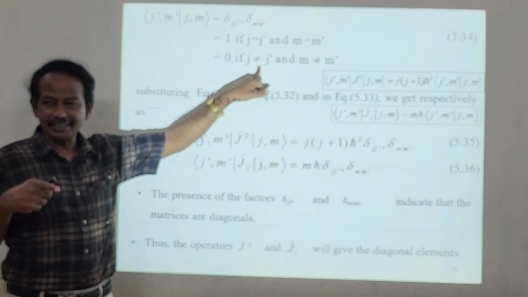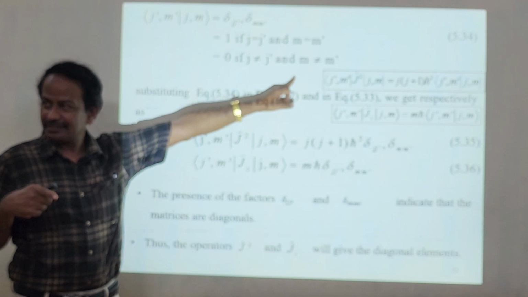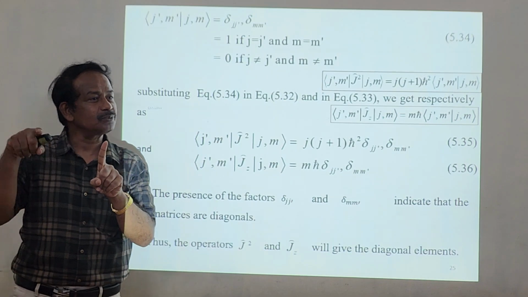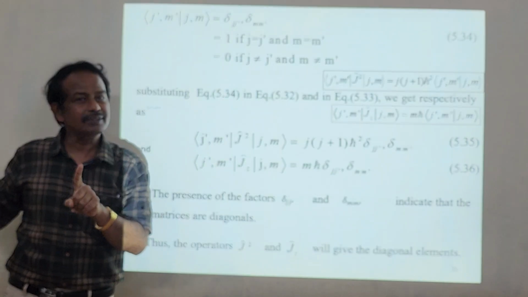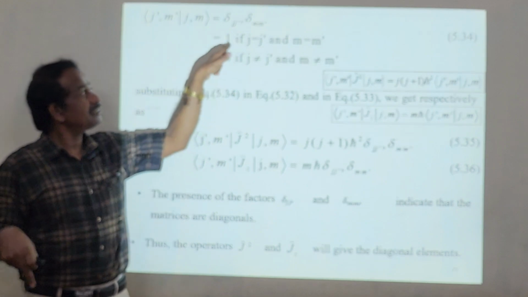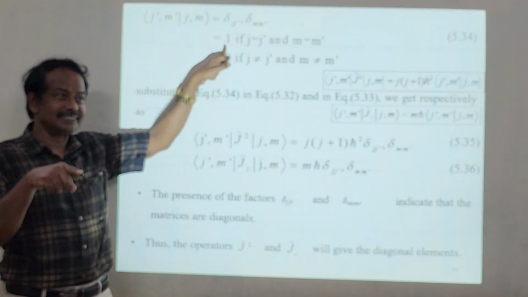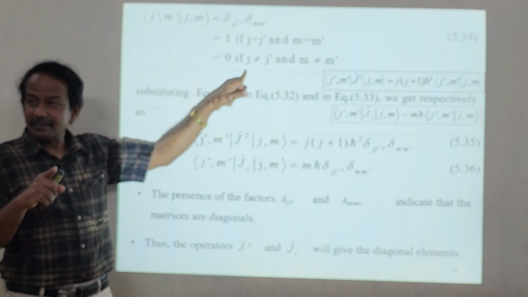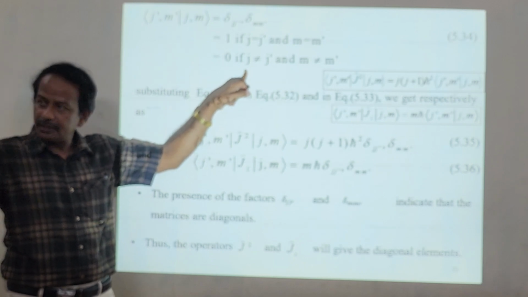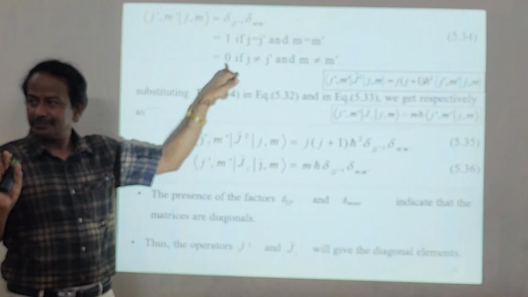See, J is not equal to J dash, M is not equal to M dash. If they are equal, as I said, 1 equals 1, 2 equals 2, 3 equals 3, 4 equals 4, and it goes on for diagonal elements. So the answer will be 1. If they are not equal, for the lower or upper off-diagonal elements, that will be 0. Is it okay?